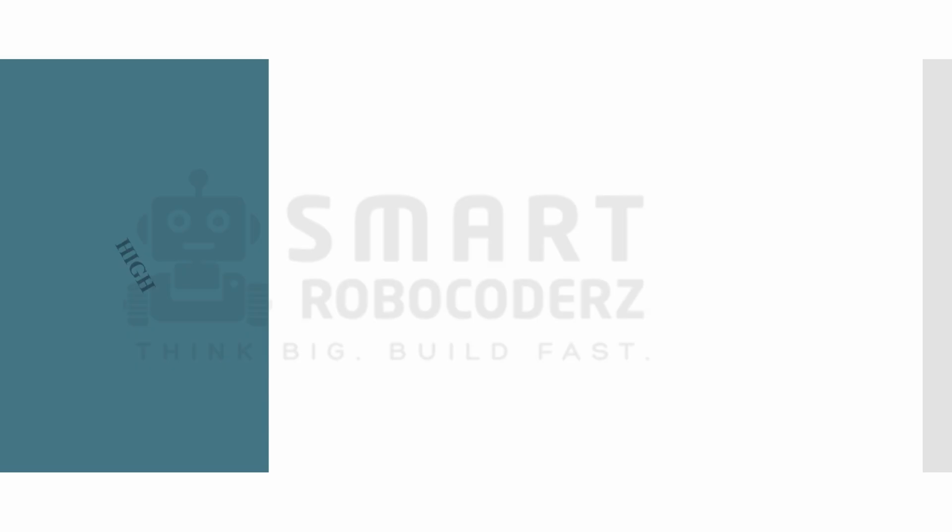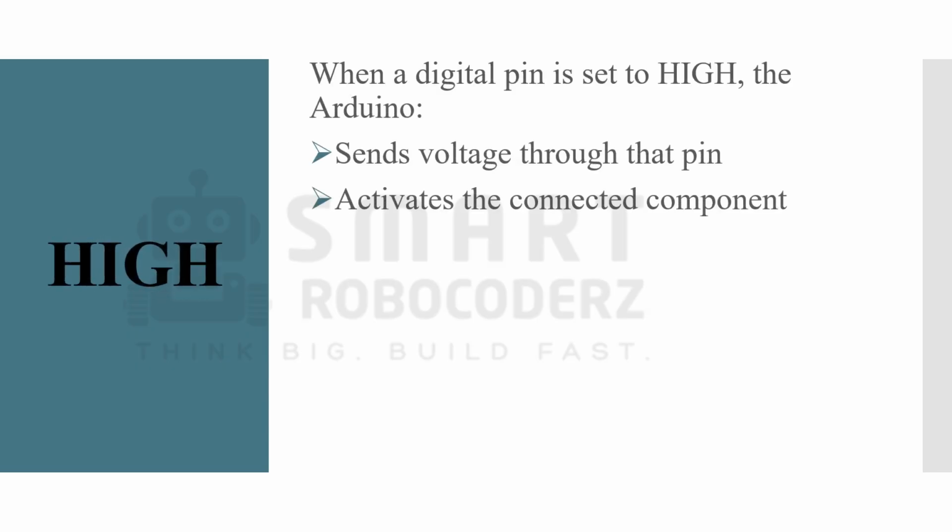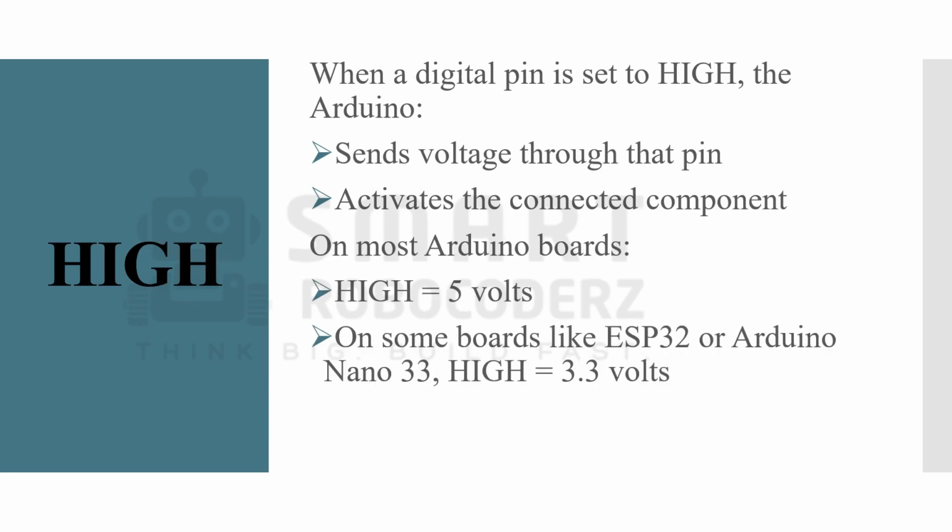Next, what does high mean? When a digital pin on an Arduino is set to high, the pin is placed in an active state and outputs a logical high signal. On most Arduino boards, the high state corresponds to the pin supplying voltage, typically 5 volts, or 3.3 volts on boards that operate at lower logic levels.